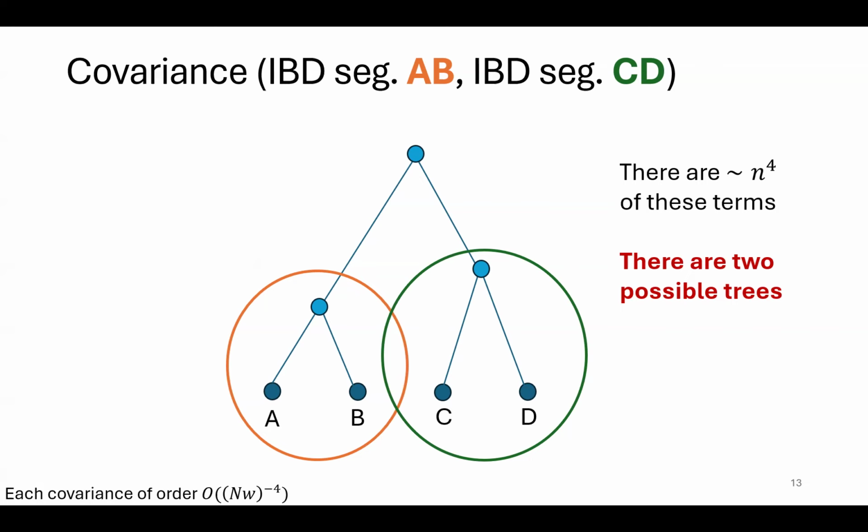And for all of these covariances, we need to integrate over the branch lengths of the coalescent process and over the recombination process to the left and right of the focal location. Each covariance of this type will be of the order big O of NW to the -4, and there will be approximately n to the 4th power terms of this type.